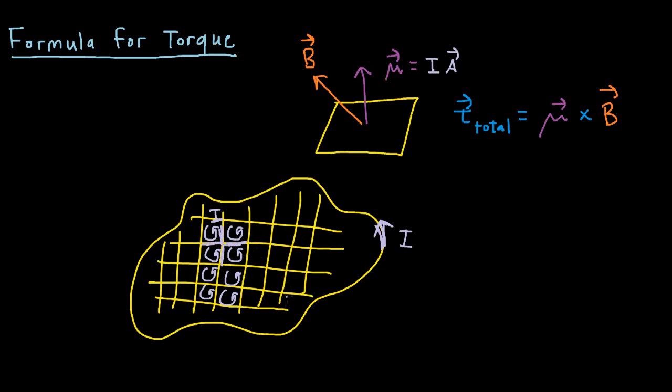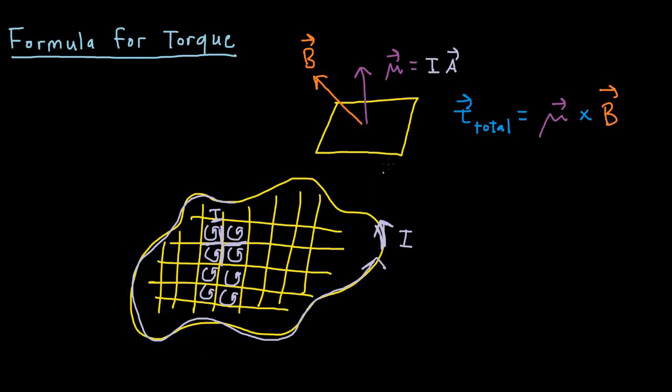However, what won't cancel out is the current traveling along the outside part of the wire, right? So the inside parts will cancel out, but the outside parts don't cancel out. So all these little squares will just add up to have the same exact current as the original loop.